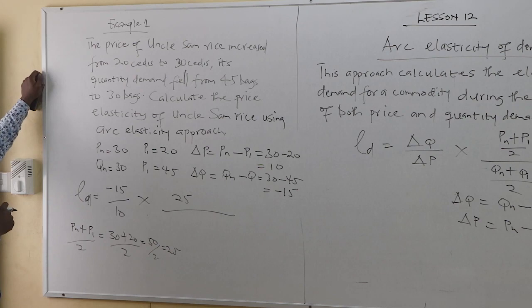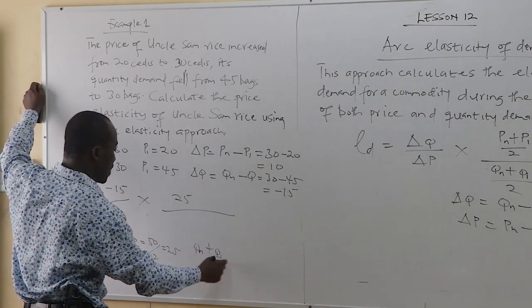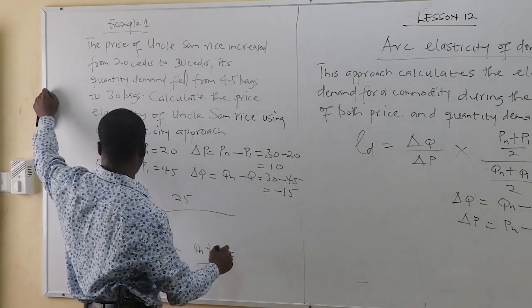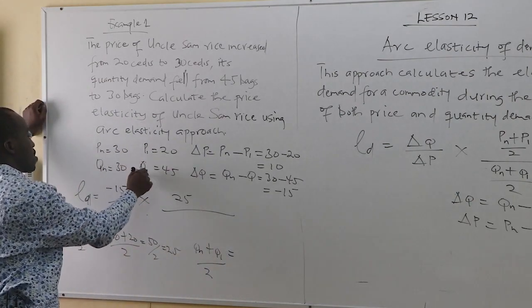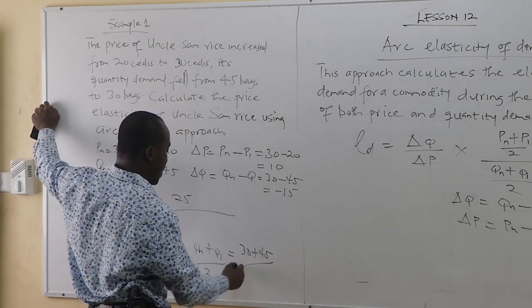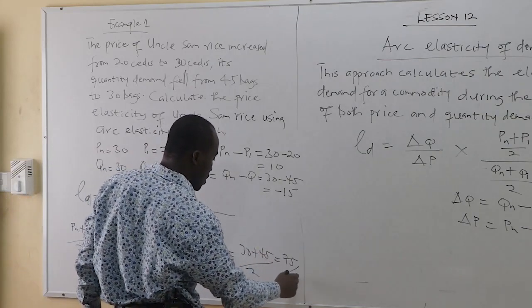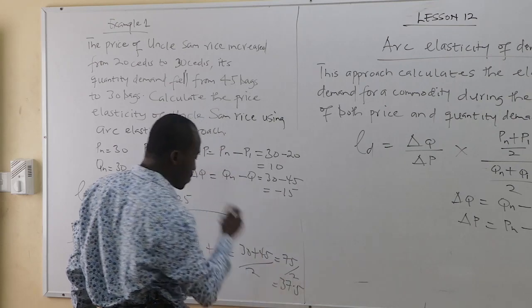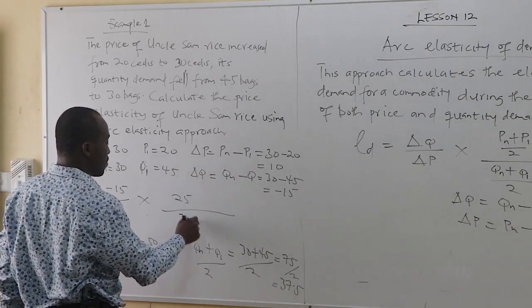What about that for demand? Q2 plus Q1 divided by 2, what do you get? That's 30 plus 45 divided by 2. That's 75 divided by 2, which I know you're going to get 37.5.